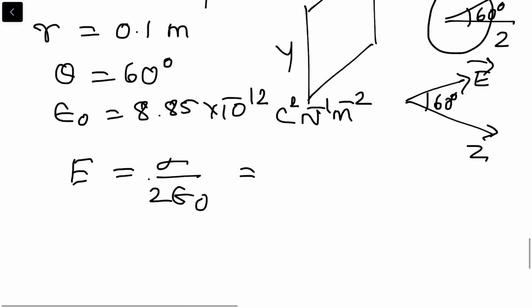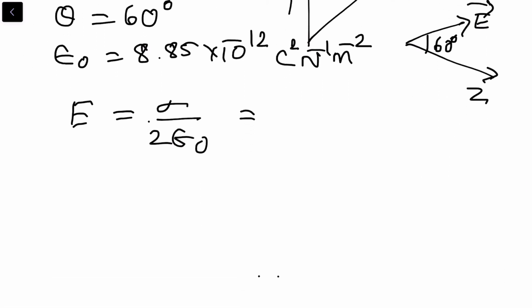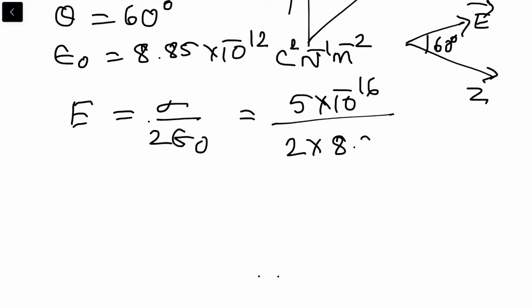So 5 into 10 to the power of minus 16 divided by 2 into epsilon naught, that is 8.85 into 10 to the power of minus 12. This is the E value.